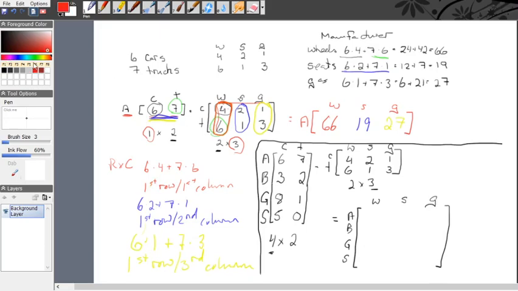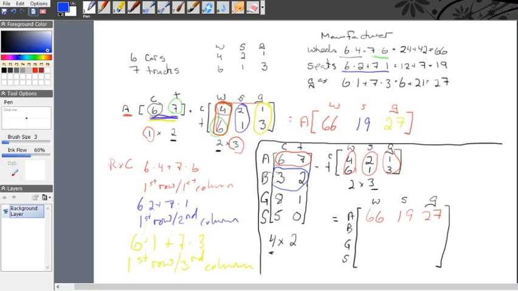We'll start with Armerding. Armerding is 6 and 7 times each of these 3 columns. Hey, wait, we've already done that. Armerding needs 66, 19, and 27. Brannon, switching colors here, Brannon's going to be in blue.